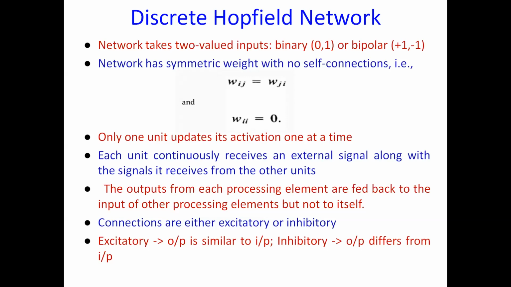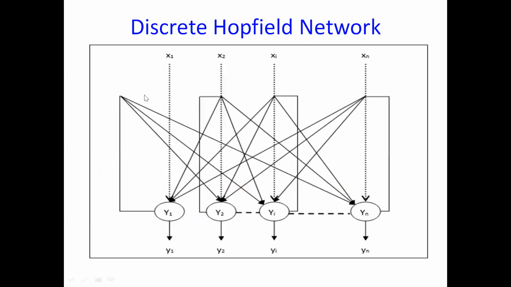That is the main thing we can see here: this particular neuron is accepting a signal from outside as an external input, and also has all the inputs from all other neurons as well.